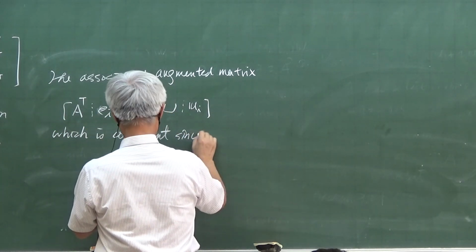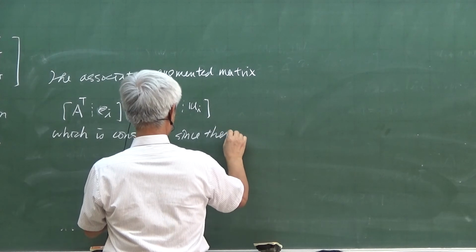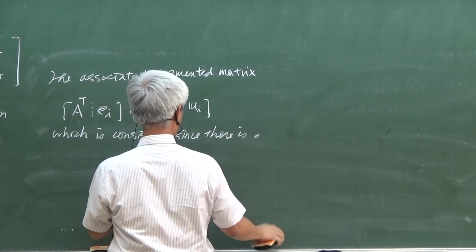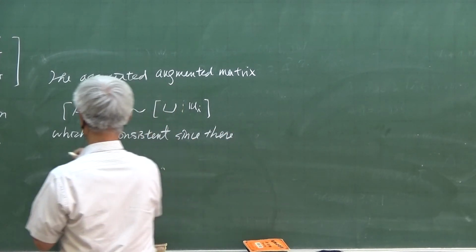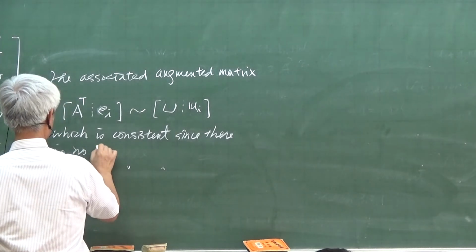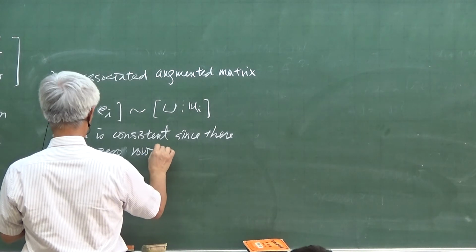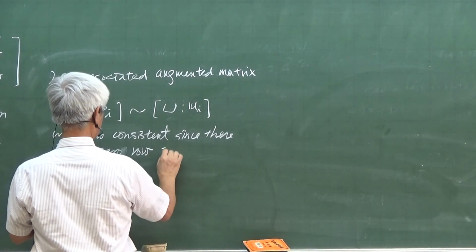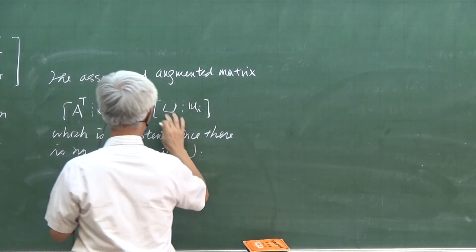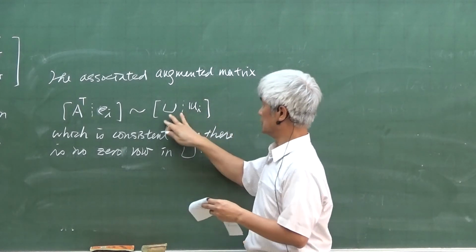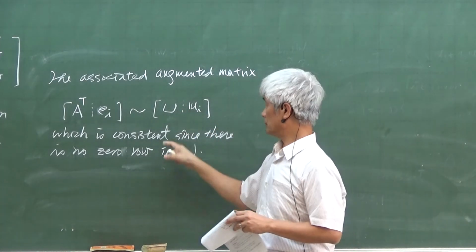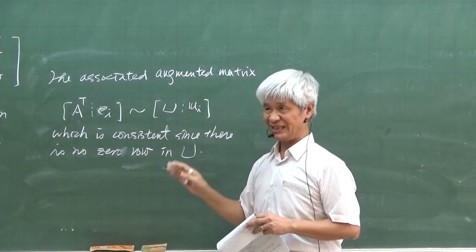There are no zero rows in U. So each row has a pivot, so the system must be consistent.